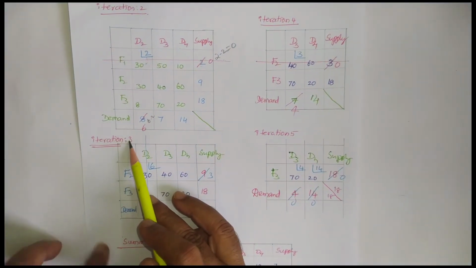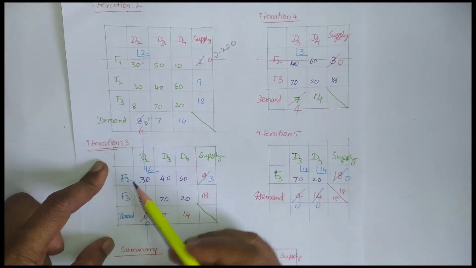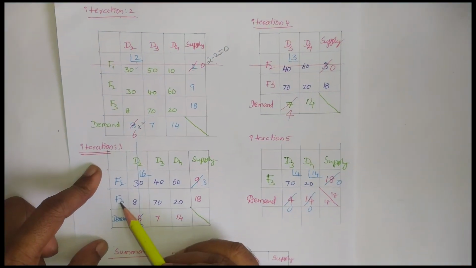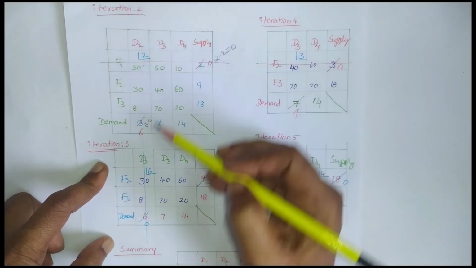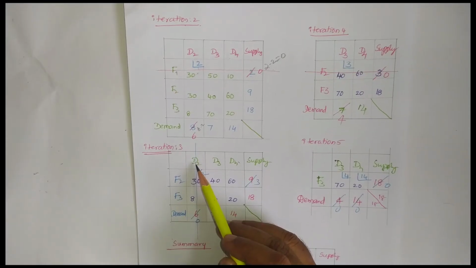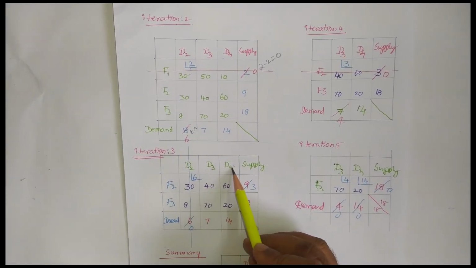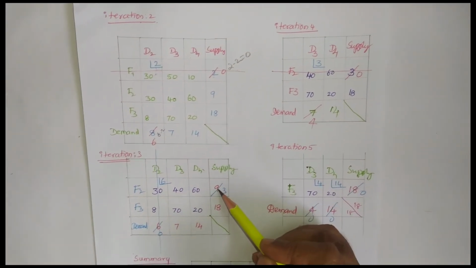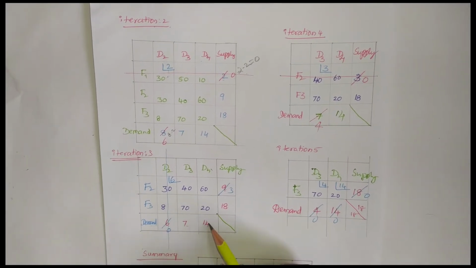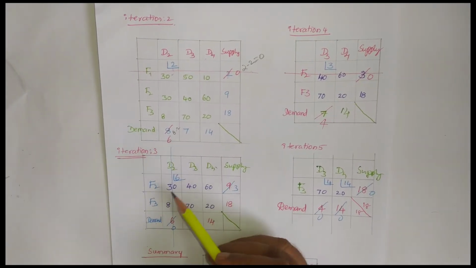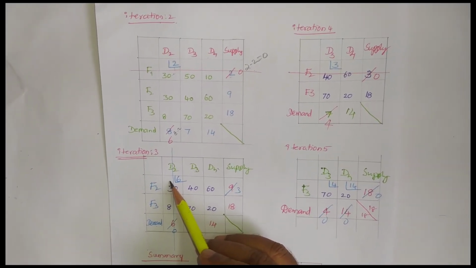Next, iteration 3. F1 is deleted, so here we have F2, F3, and the destinations are D2, D3, D4. Supply is 9 and 18. Demand is 6, 7, 14. Consider again the northwest corner.